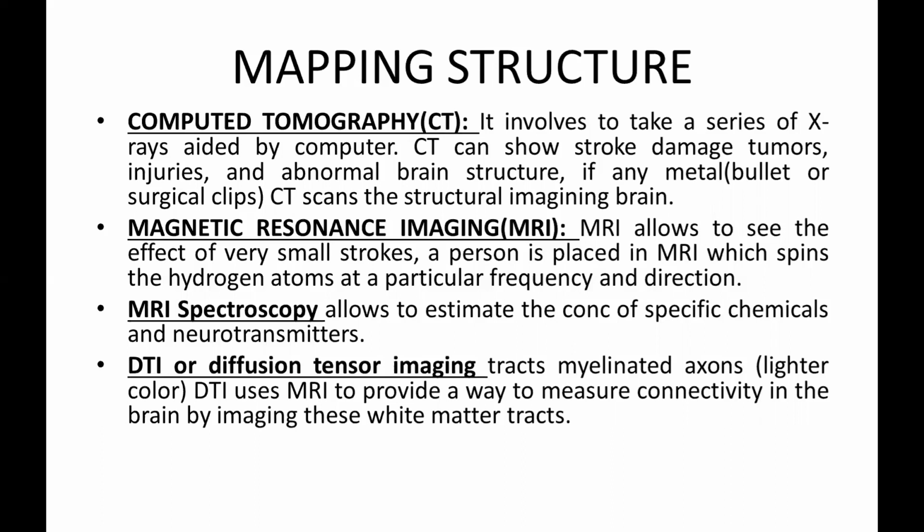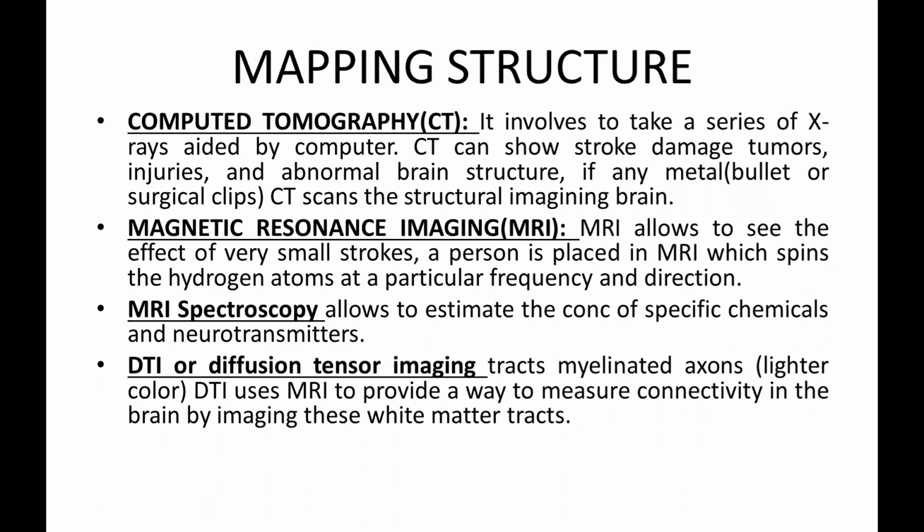The first one is computed tomography, or CT scan, as we simply call it. Scientists have several ways to look inside the human brain without causing harm to the person. One way is to take a series of X-rays of the brain aided by a computer. This is accomplished during a CT scan, which involves mapping slices of the brain by computer.